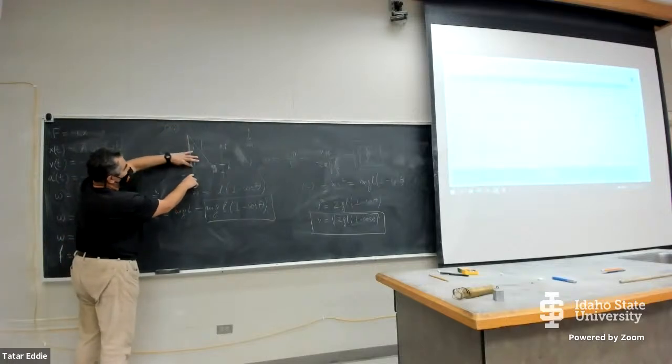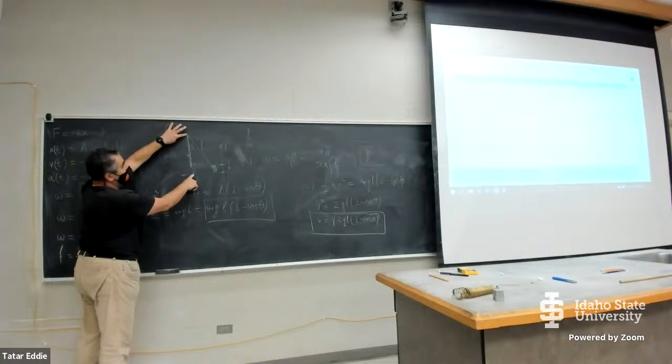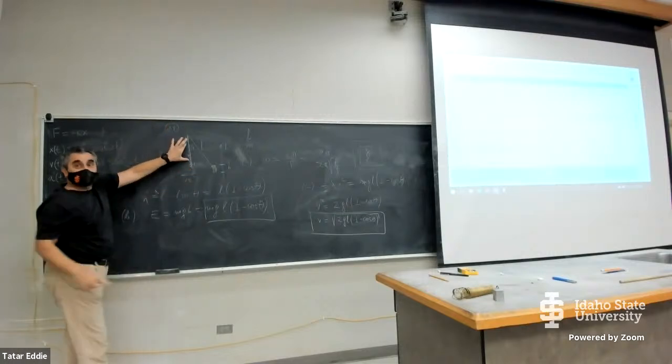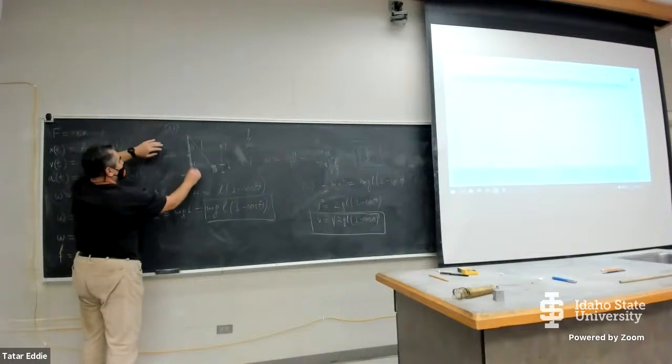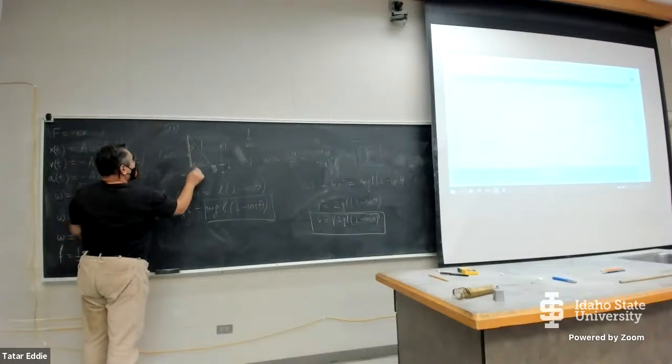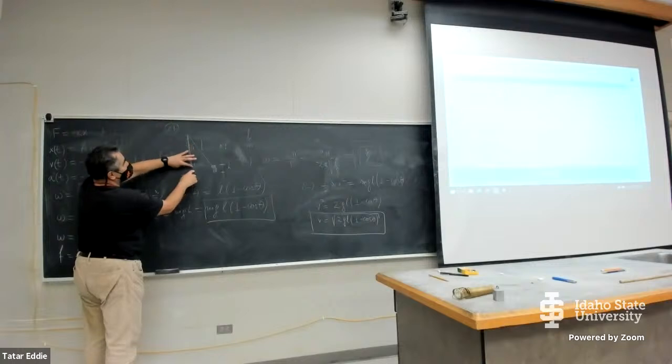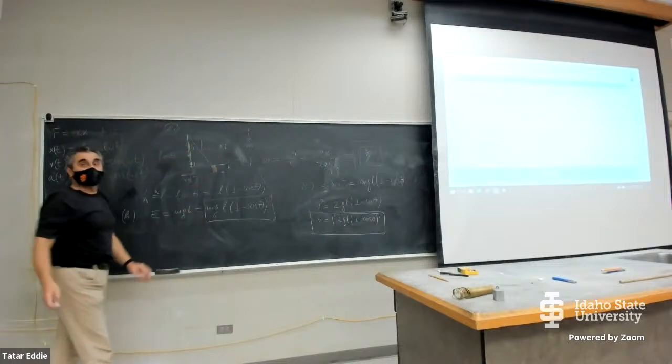So this length is going to be whatever is the length of the string minus this part, right? This is the total. From the total, you subtract this part and you're left with this, which is the height.